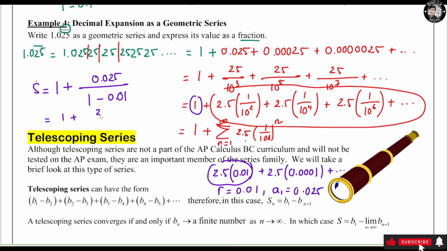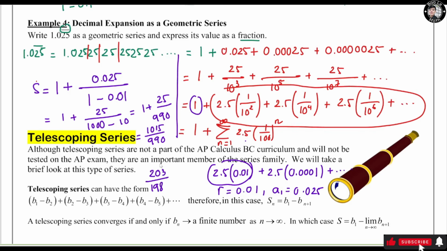So I have 25 over 1000 minus 10. So then it's going to be 1 plus 25 over 990. So it's going to be 1015 over 990. Now divide the top and bottom by 5. You're going to end up with 203 over 198.